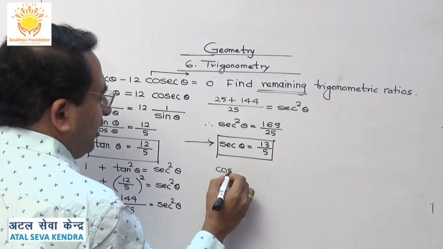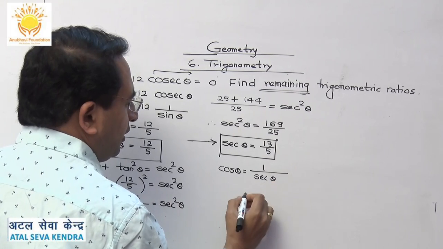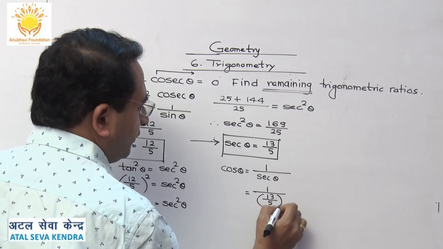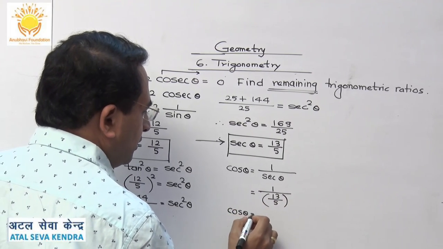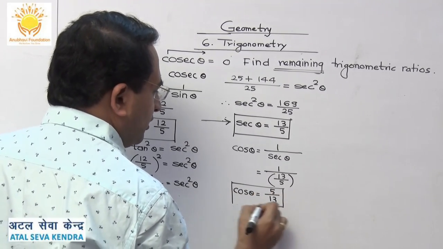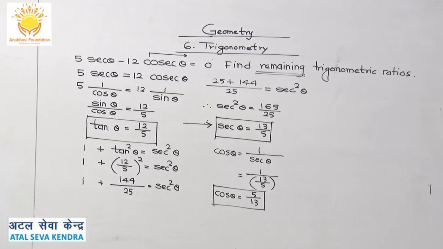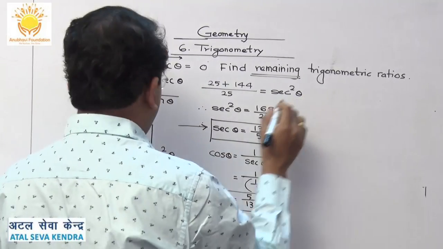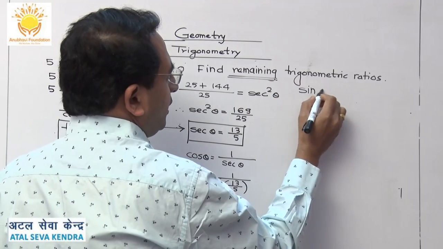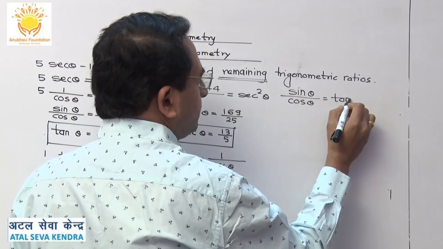Now I can write cos theta is 1 upon sec of theta. Therefore, it is 1 upon 13 upon 5. So cos of theta is going to be 5 upon 13. So I need to put the box for this. We have got 3. Now 3 more are left. So what is to be done? We have to go for sine now. You know the formula: sine theta upon cos of theta is equal to tan of theta.